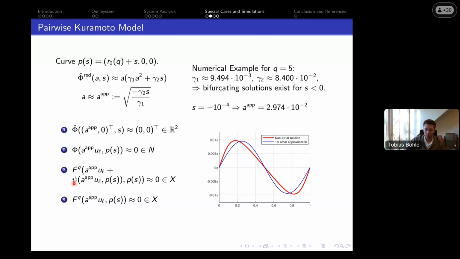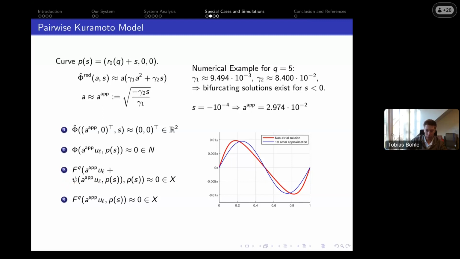But the point is that the derivative of the function psi with respect to the first argument is equal to 0. And because we only consider the local bifurcation, the value A approximate will be very, very small. And then because the derivative of psi is 0, you can just neglect the function psi here.